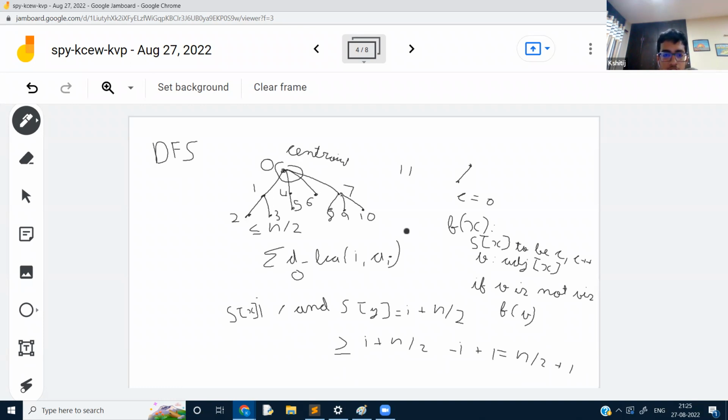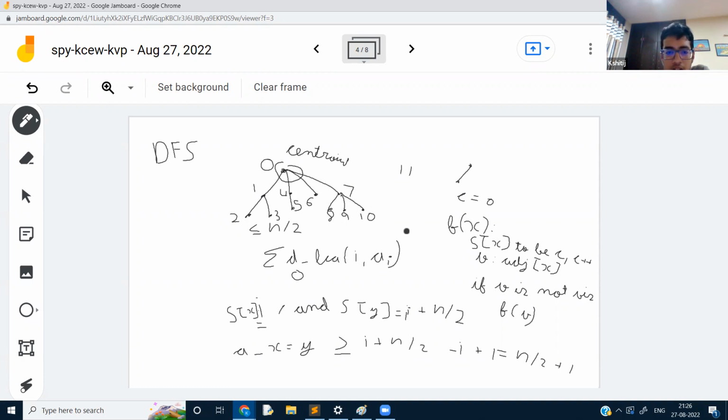And now if you assign in this way for all I, if this is the I-th node x, you set a of x to the corresponding y. Now, since this is a cyclic shift of the array of the start times, AI is a permutation.